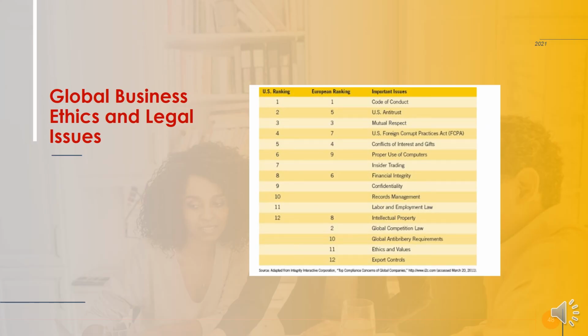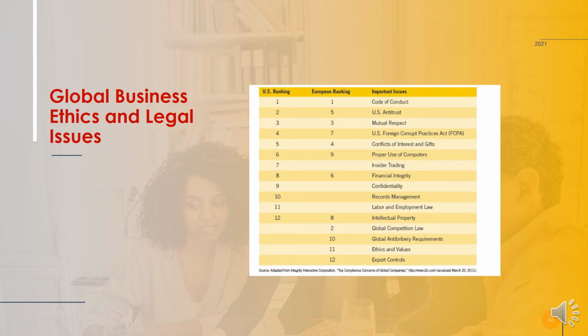Now moving on to ethical issues at the international business level. Here we have global business ethics and legal issues. This figure shows the 12 most popular ethical issues that occur at the international level. Here, what we have is the importance of ethical issues by US ranking and European ranking.